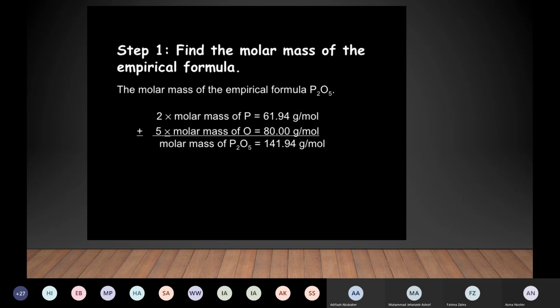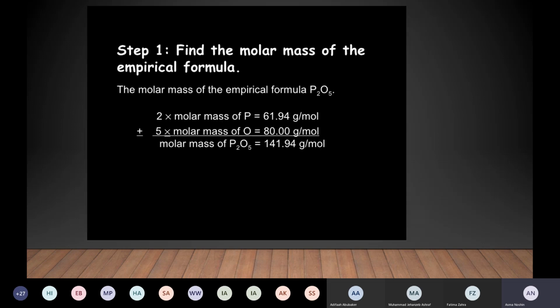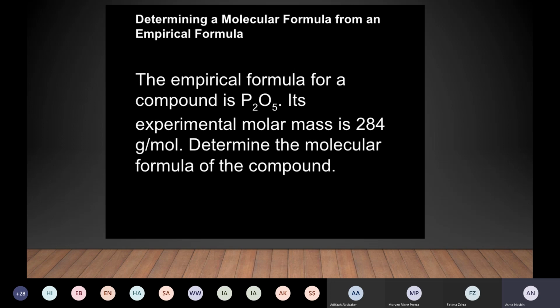Now, second step, what we will do, the molar mass which was given. Yes, very good. The molar mass which was given, that was 284. Okay, molar mass which was given in the question. If I go back, you will see the molar mass which is given.